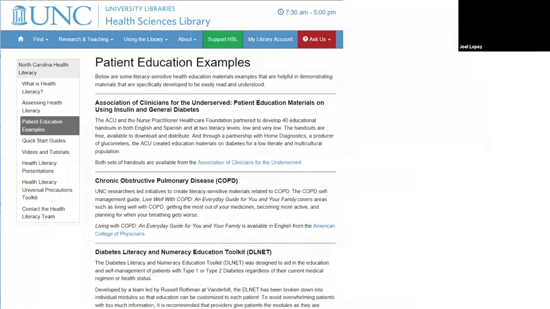So again, wanted to mention another resource from the University of North Carolina at Chapel Hill. They developed some literacy sensitive materials that are examples that are really helpful in demonstrating materials that are specifically developed to be easily read and understood.